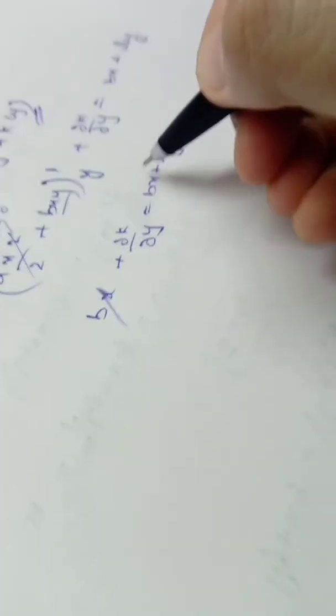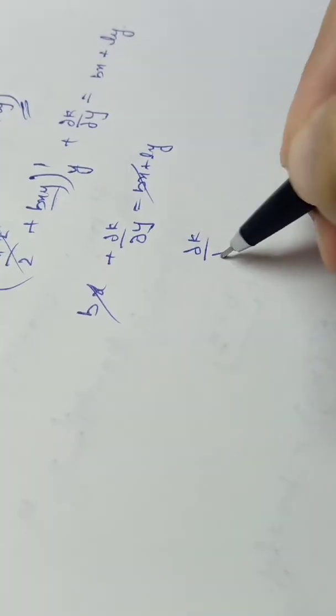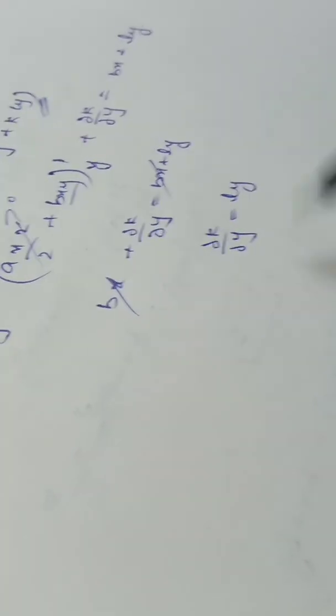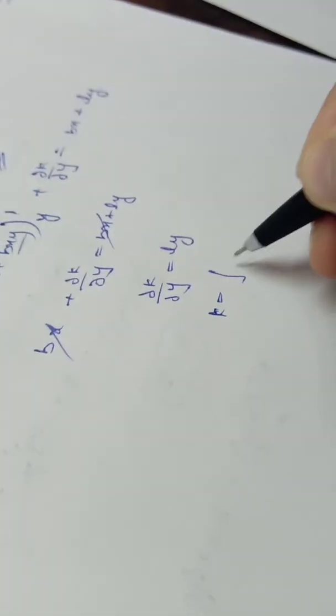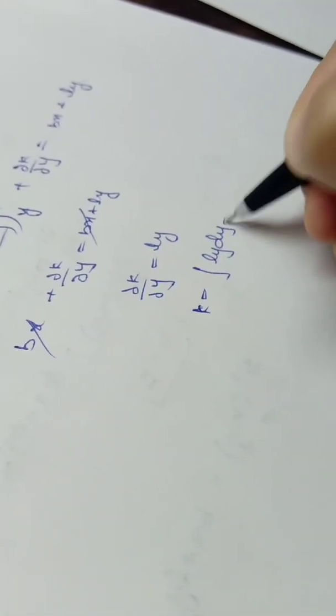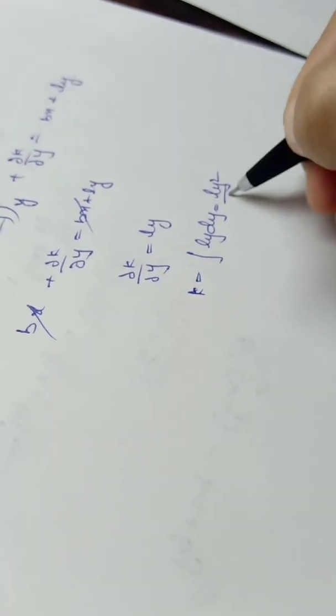So this is cancelled, and dk/dy = ly. So k equals the integral of ly dy, that is ly²/2.